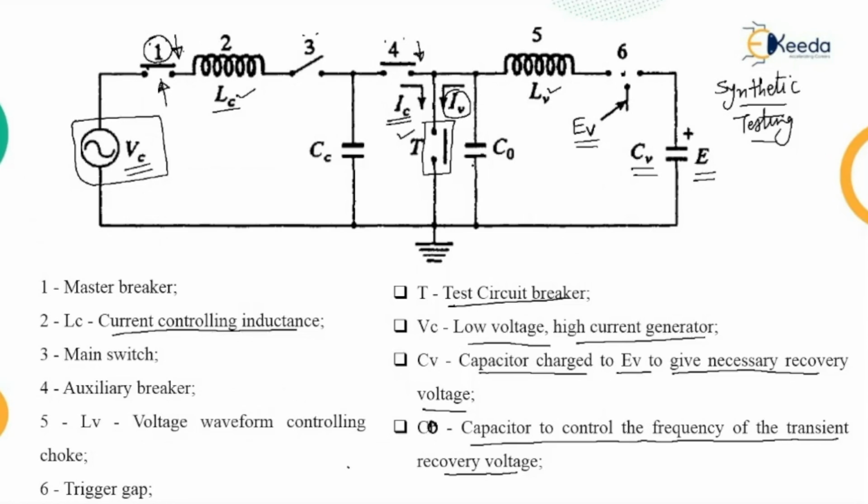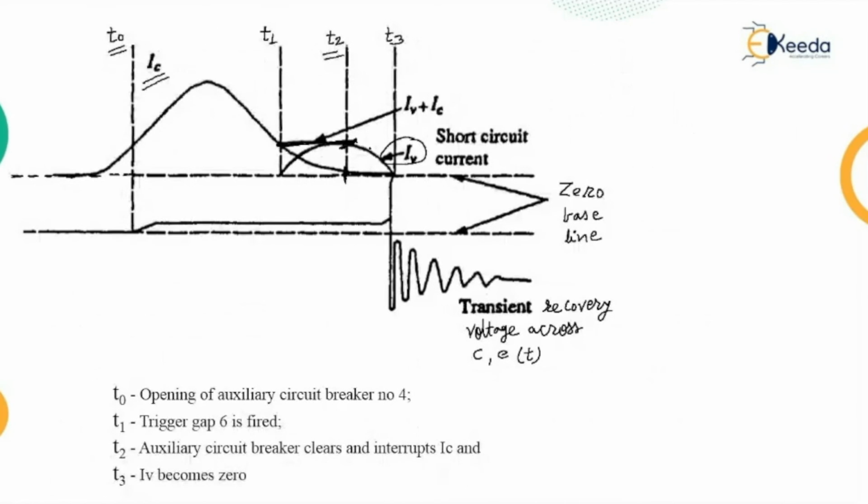The closing of gap 6 would be a little earlier in time than shown in the diagram, but it has been drawn as shown only for clarity of current 0.